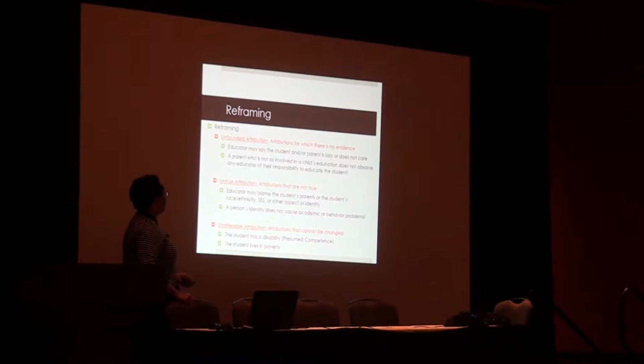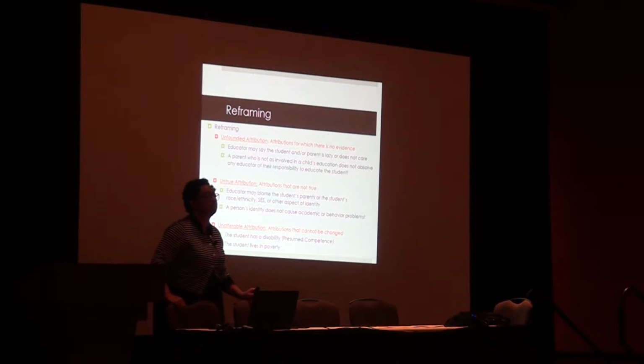And one of the things that I ask is, how do you know that? That can be your question on a team. If someone says that the parent doesn't care about their child's education, my question would be, how do you know that? What evidence do you have that that is true? Did you talk to the parent and they told you that they don't care about their child's education?